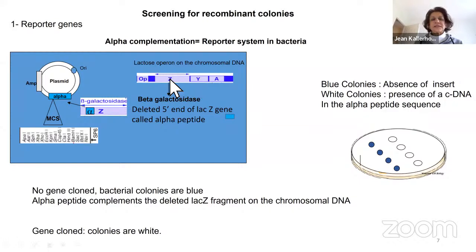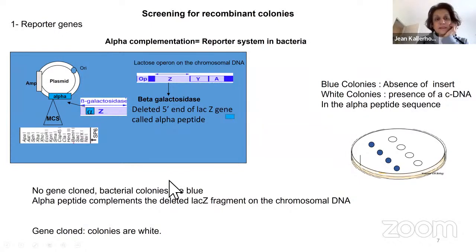So you have the Z, the Y, and the A gene. The Z codes for beta-galactosidase, that's the enzyme. So what the researchers, molecular biologists, did was remove the 5' end of the Z gene, and they inserted it into a plasmid, okay?